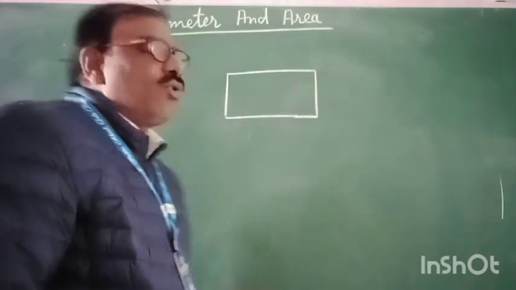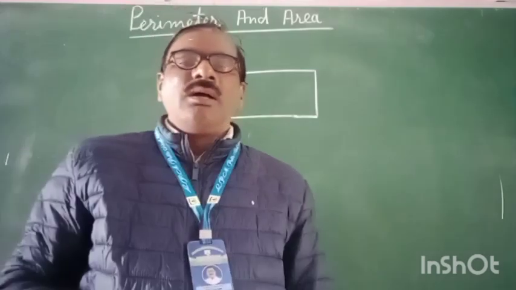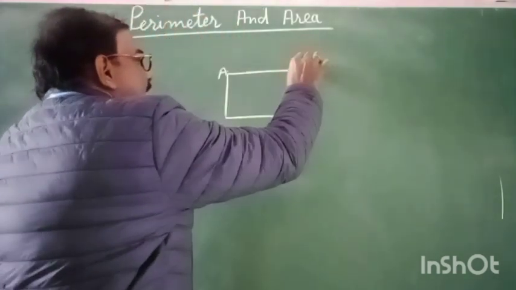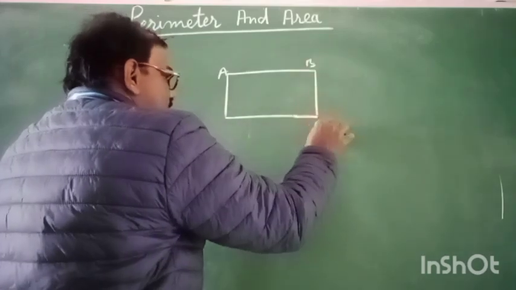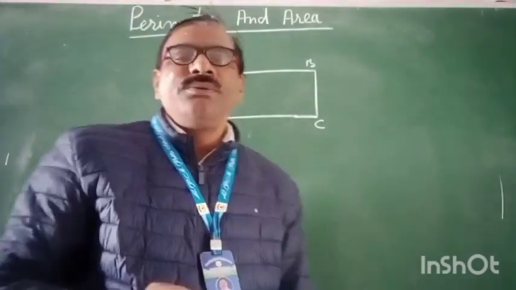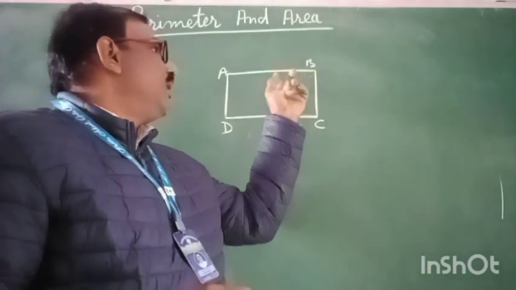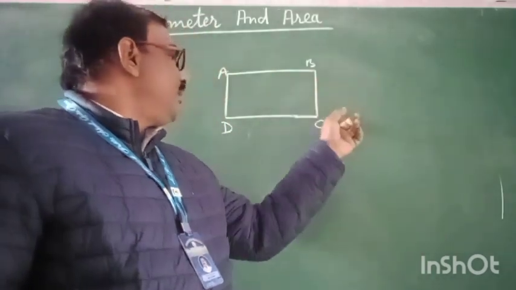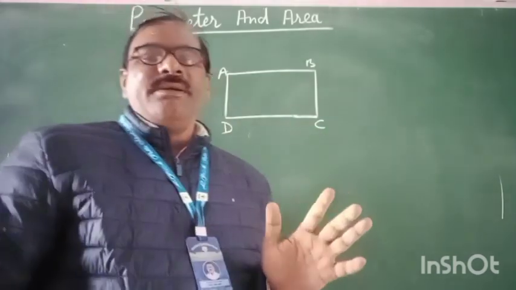If you want to find out the perimeter of rectangle ABCD, then I will find out the lengths of AB, BC, CD and AD.